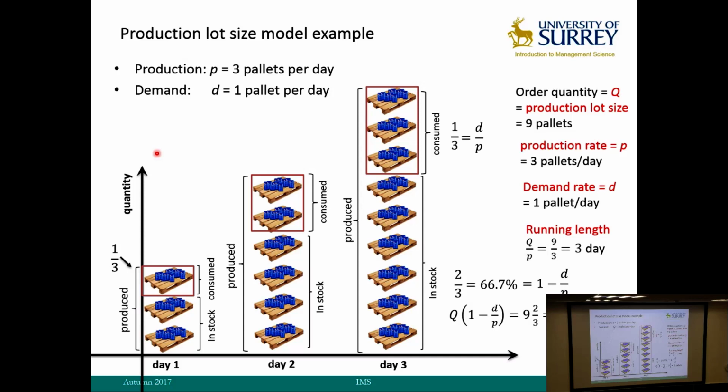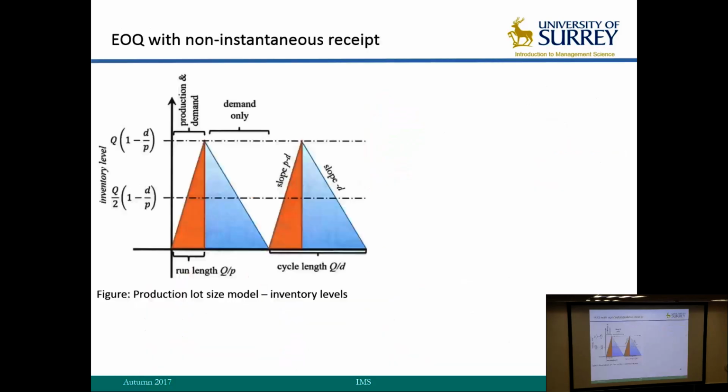So 1/3 is from D divided by P. So 1 minus D divided by P, that's what remains every day. And in total, in 3 days, we produced Q, so times the remainder ratio. So that's actually the total amount of inventories we can aggregate after the first running of production lines.